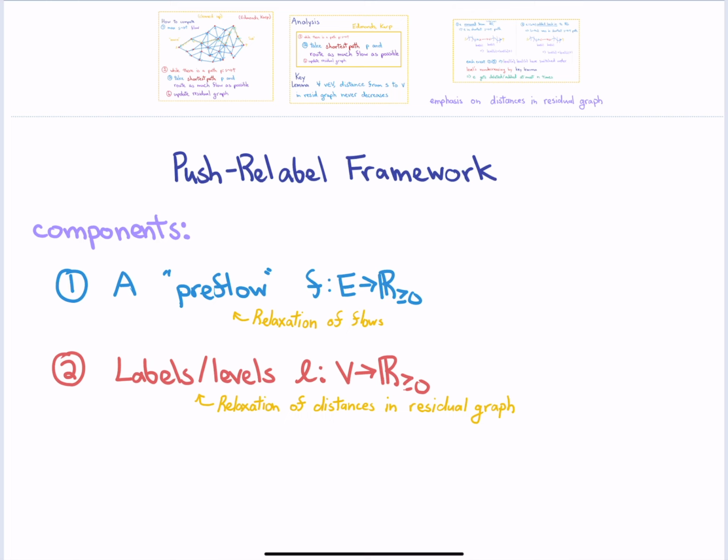We're going to assign labels to every vertex that act like distance labels, but might not actually be the true distance from S to V for various other vertices. So these labels act a little bit like distances, but more relaxed. And these preflows act a little bit like flows, but also more relaxed. So we're entering this framework where we're relaxed on some of the rules.